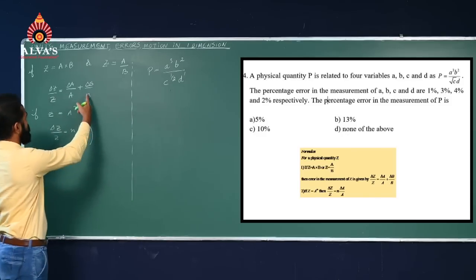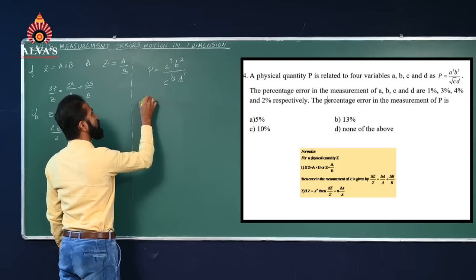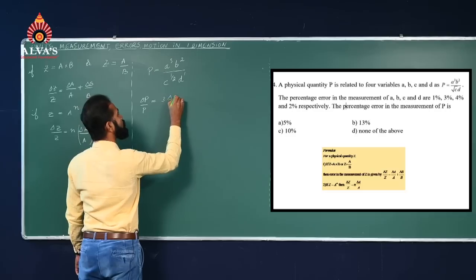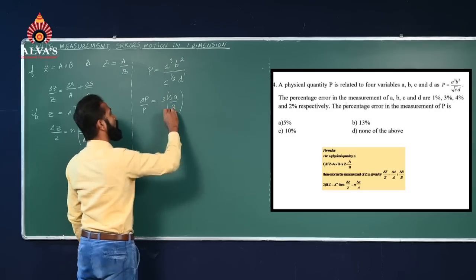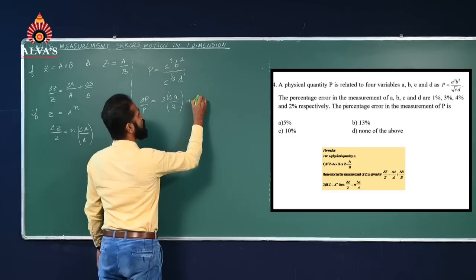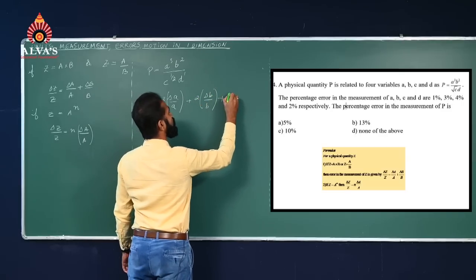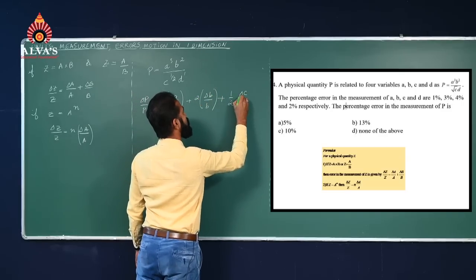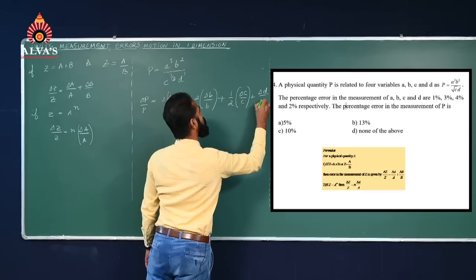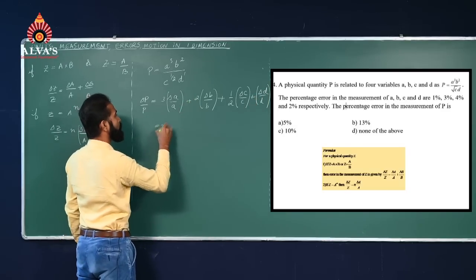Using both the formulas, let us calculate the percentage error in the measurement of P. So delta P by P will become 3 times delta A by A, where delta A by A is nothing but the percentage error in the measurement of A, plus 2 times delta B divided by B, plus half delta C by C, plus delta D divided by D. So this is 3 times.